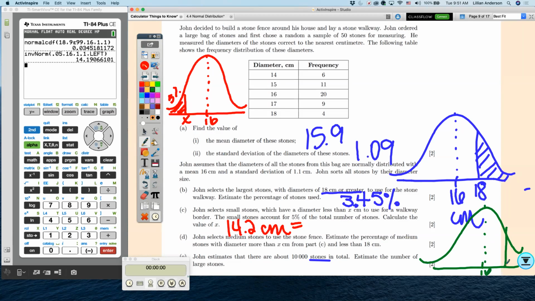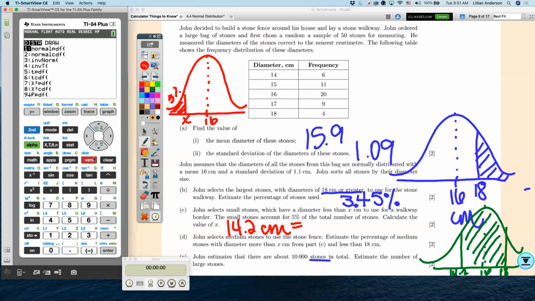Am I using normal CDF or inverse norm? I'm using normal CDF. Why? You have bounds and it's not finding that number, that X. What am I looking for?